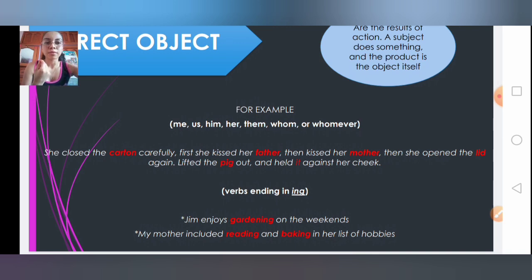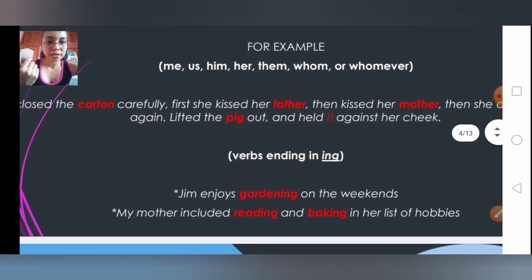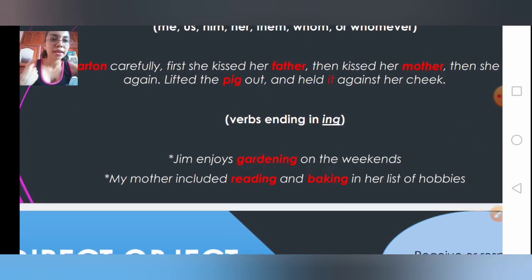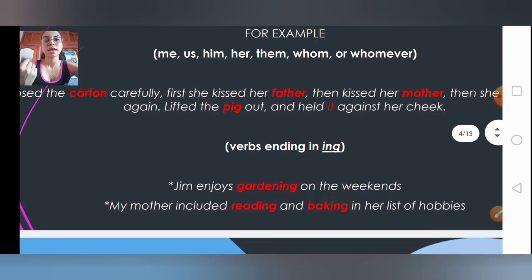For example, Jim enjoys gardening on the weekends. My mother included reading and baking in her list of hobbies. The direct objects are gardening, reading, and baking.